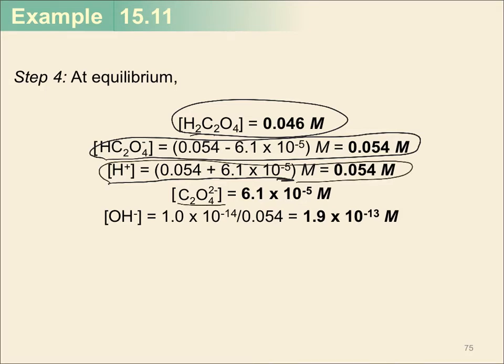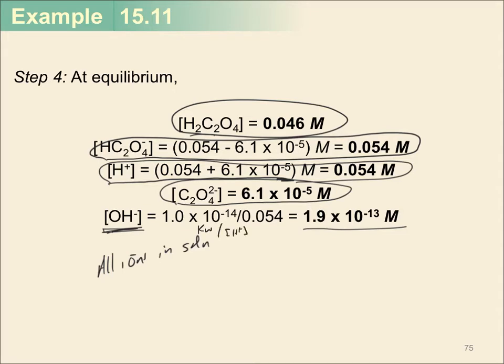And C2O4 2 minus is 6.1 times 10 to the minus 5th. And this time, they ask for all ions. Since they ask for all ions in solution, we also have to include the hydroxide ion, which we find from Kw over H plus ion concentration, and we get that as 1.9 times 10 to the minus 13th molar.